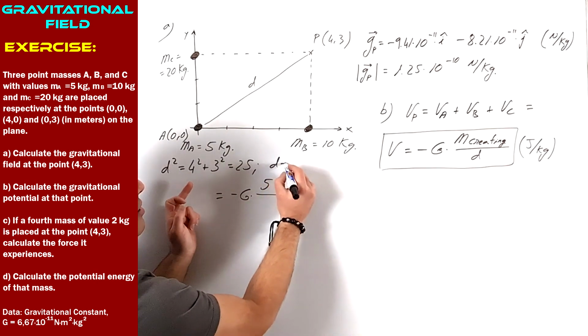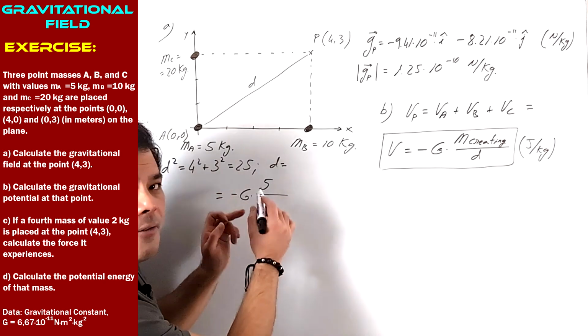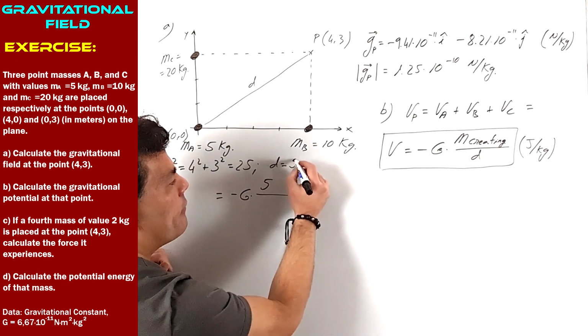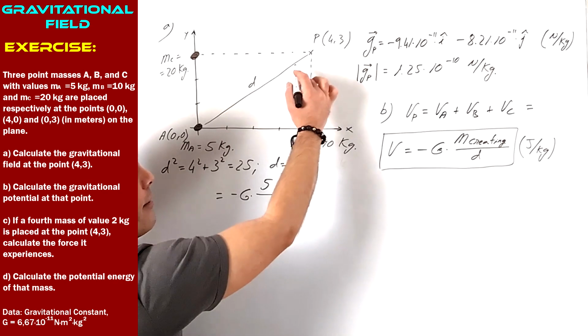And the distance will be the square root of 25, 5 meters.